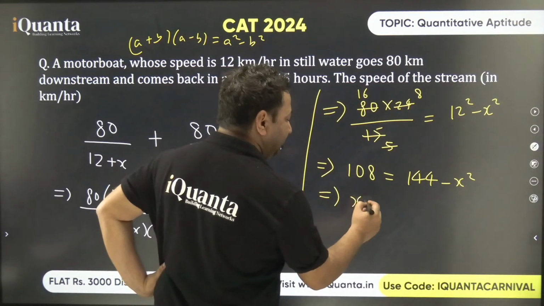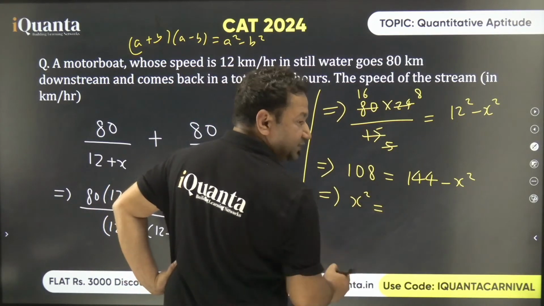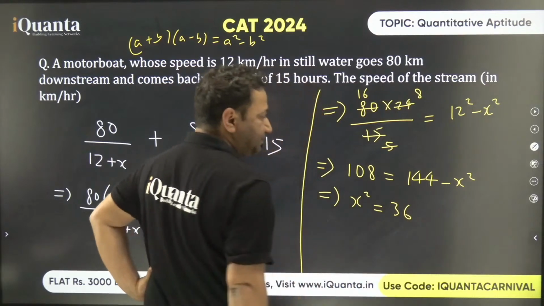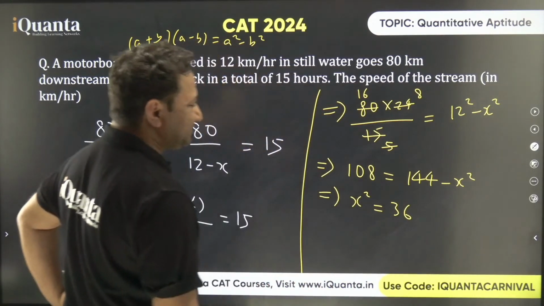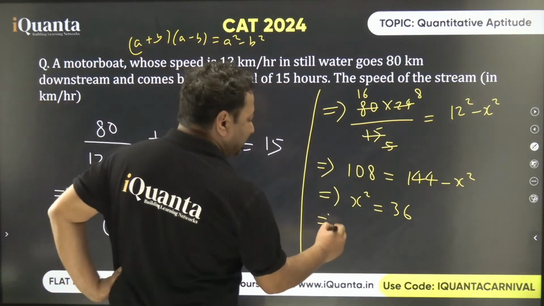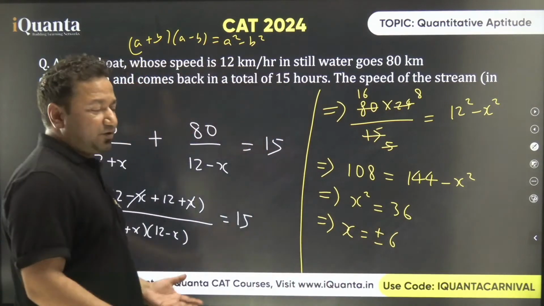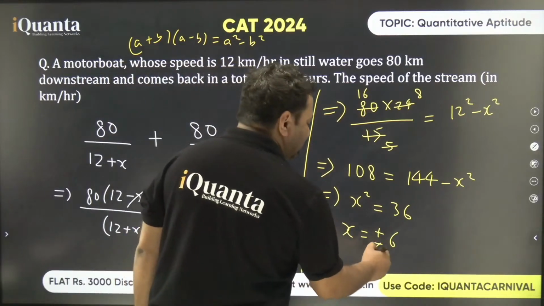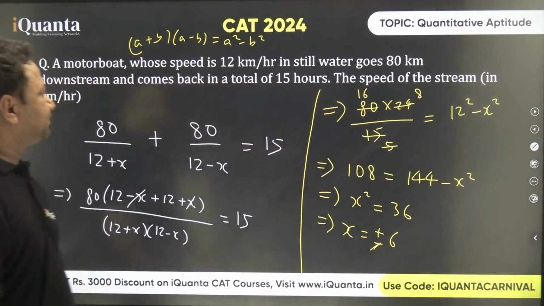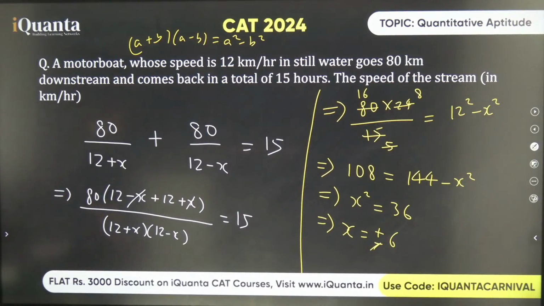So x square will be equal to how much? 36. Isn't it? Which means x can be either plus 6 or minus 6. By the way, speeds are not negative, so we'll consider only plus 6. And that happens to be our answer.